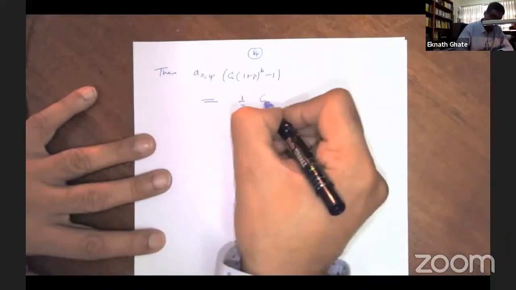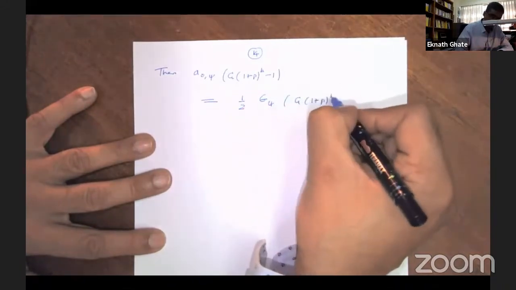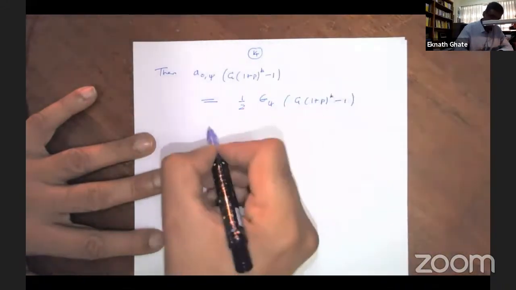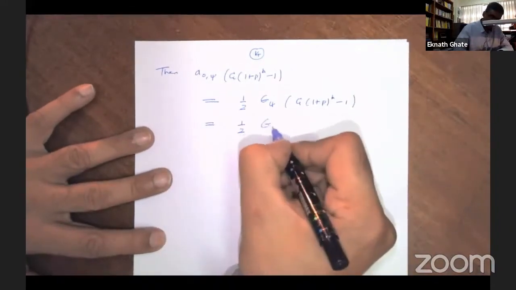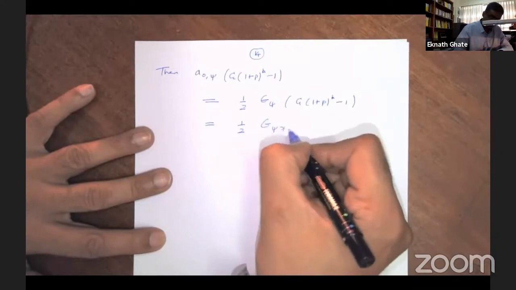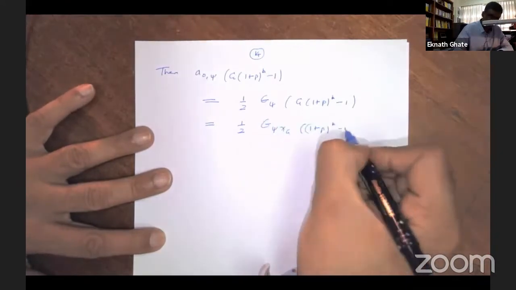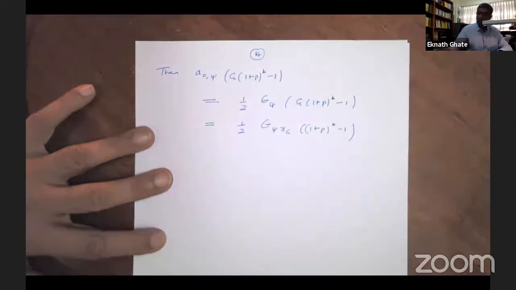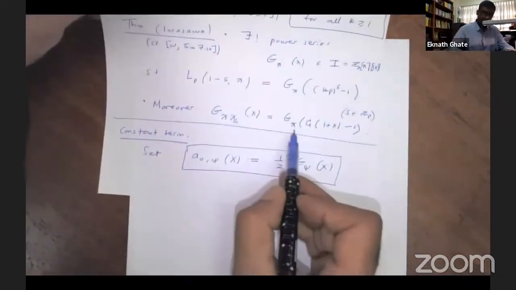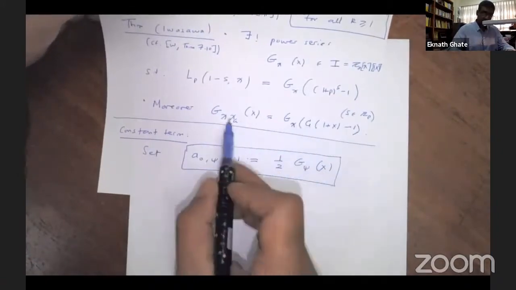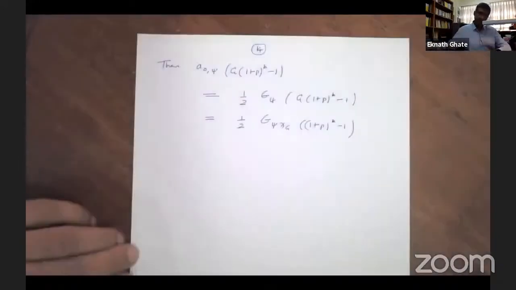So it's a half G psi zeta 1 plus p to the k minus 1, which is a half G psi chi zeta 1 plus p to the k minus 1. You remember you can remove the zeta by putting a chi zeta here. That's the second property over here. You can remove the zeta by putting a chi zeta with the power series. So I'm using that property here.